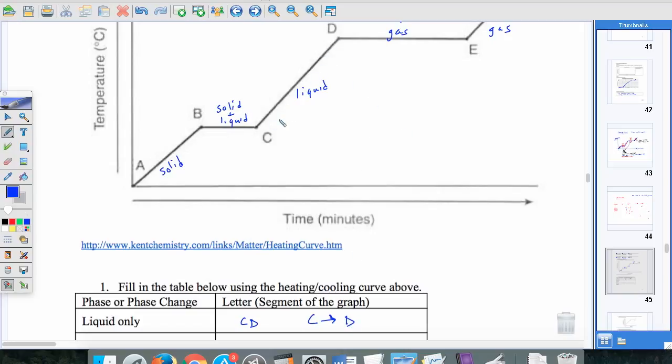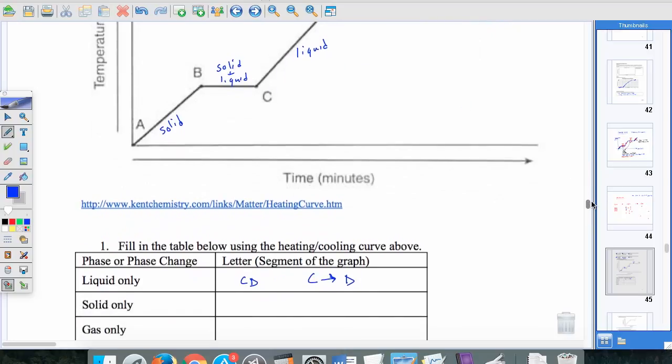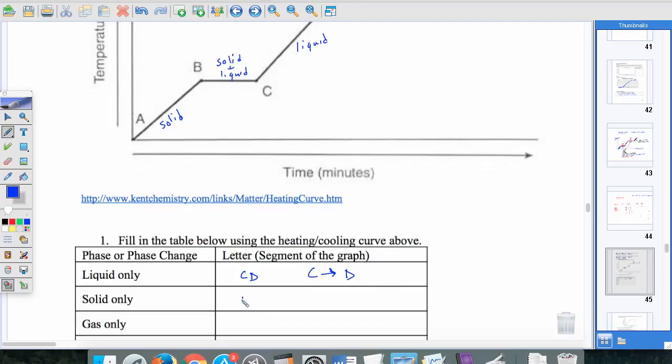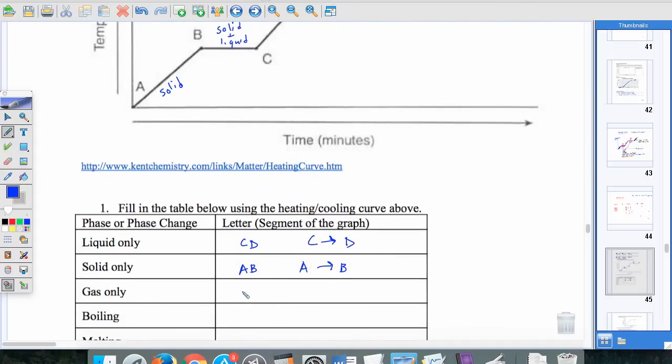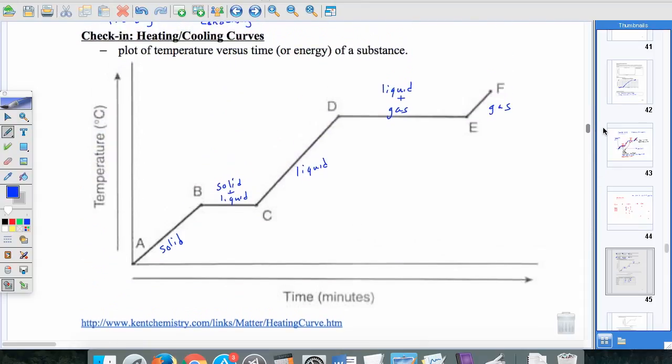During this area right here, where it's heating up in the middle, that's the liquid. Solid only would be in the beginning, A to B. Right here, we're heating up the solid. And gas only is at the end here, E to F. Now, when's it boiling? It's boiling when we go from a liquid to a gas.